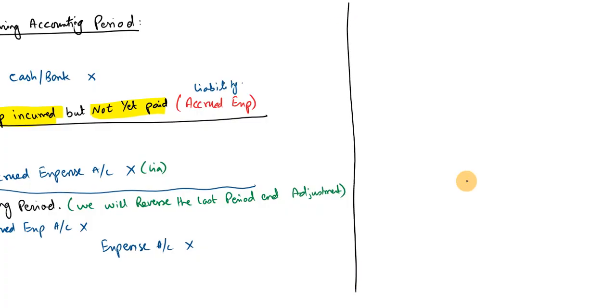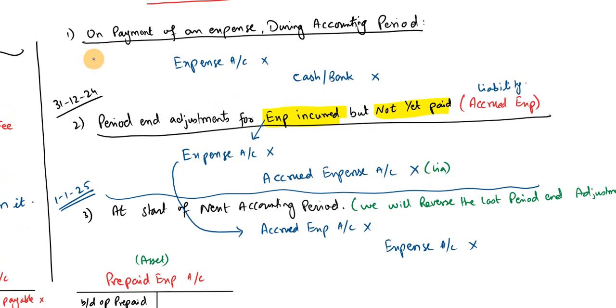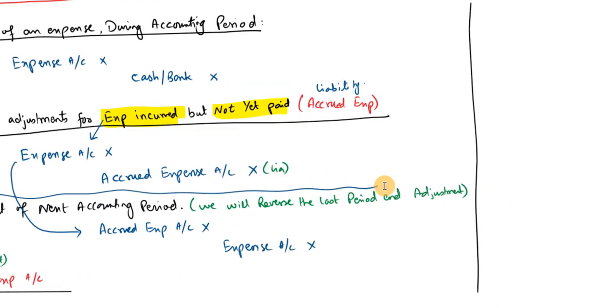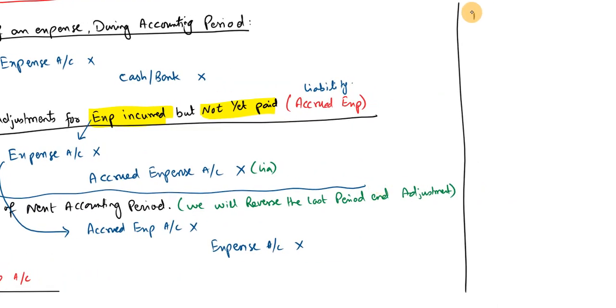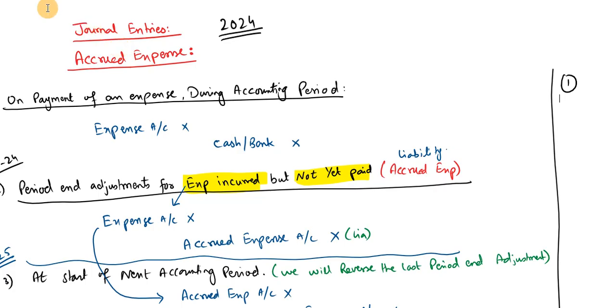What kind of journal entry will be passed? The first one will be on payment of expense during the year. So what entry will we make in case of prepaid expense? The first entry will remain the same in case of the prepaid expense account also.